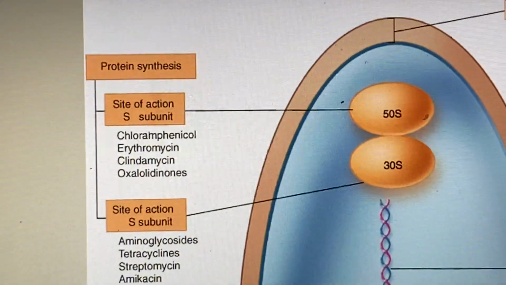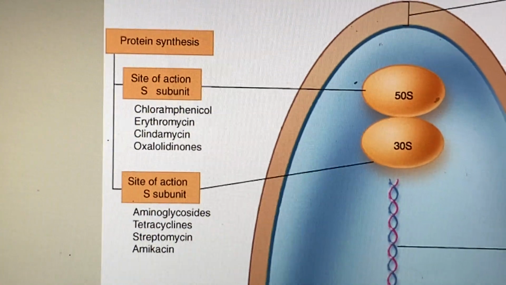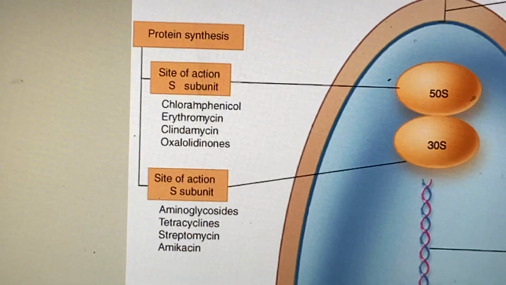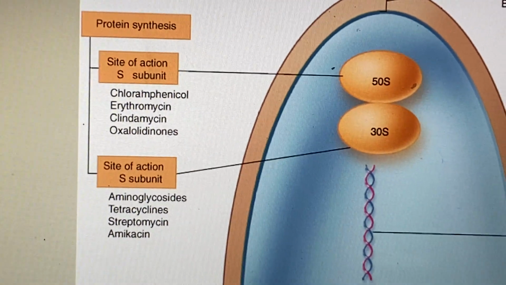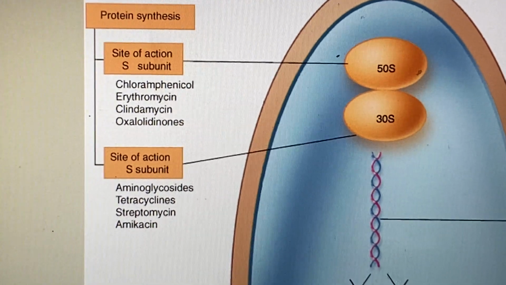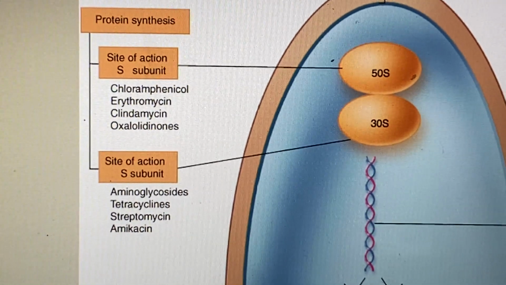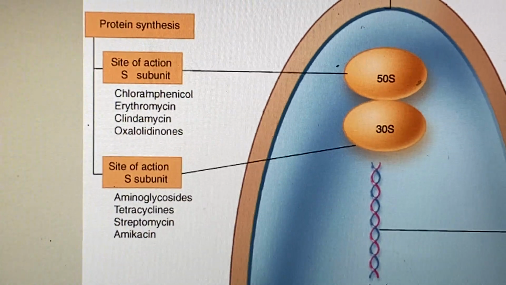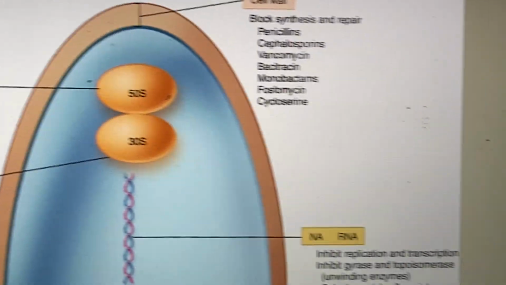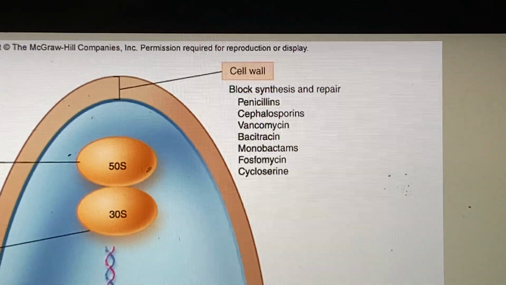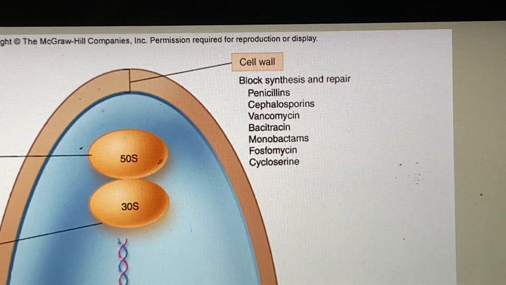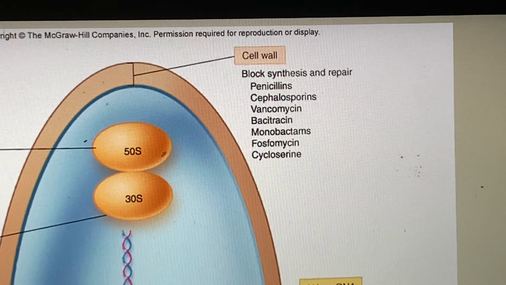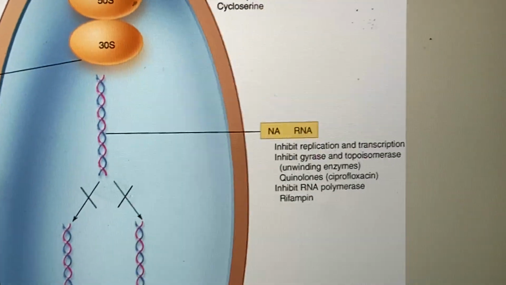Okay, so I just want you to know that some of these, you're probably familiar and have taken some of these drugs. So, for example, erythromycin, clindamycin, tetracycline, streptomycin, those are probably familiar to you. Those are acting on the ribosomes of the bacteria. Cell wall biosynthesis, of course, we've talked about penicillin, cephalosporin, vancomycin, you may have heard of these others.